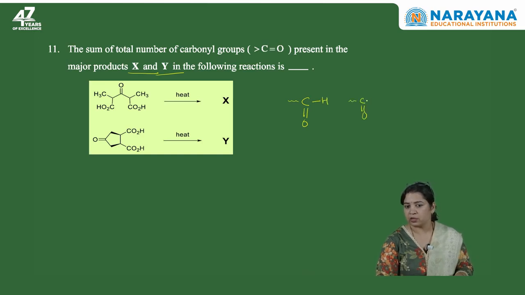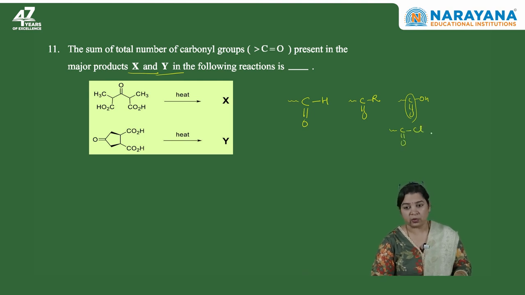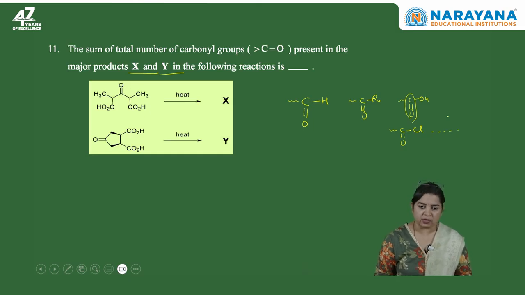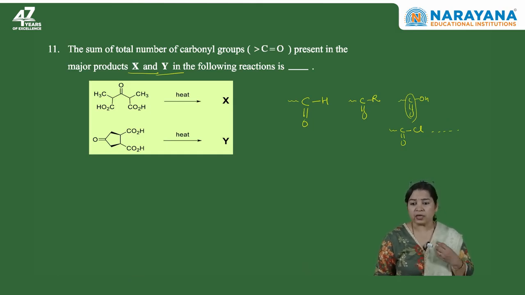When it is connected to some alkyl, it is a ketone. When it is connected to OH, it is a carboxylic acid, but they have mentioned it is carbonyl. When it is connected to chlorine, it is an acid chloride, and all those acid derivatives were included in this definition in the opening paragraph of the aldehyde, ketone and carboxylic acid chapter.